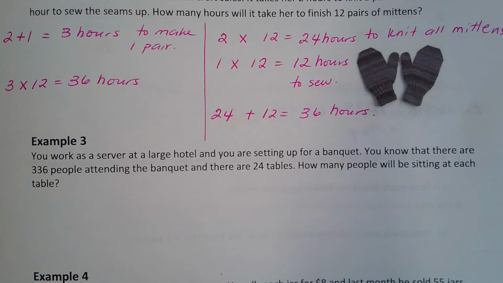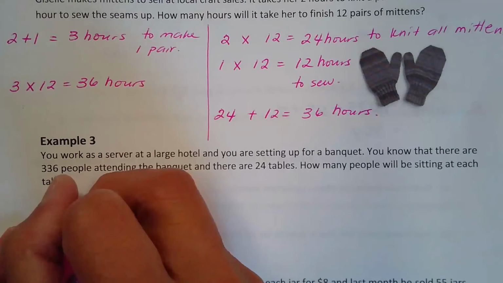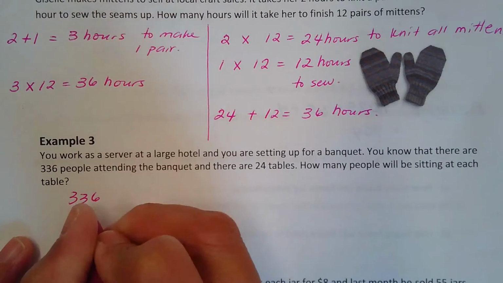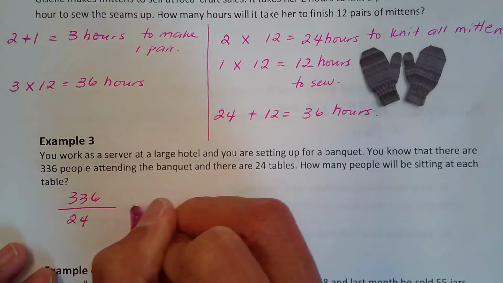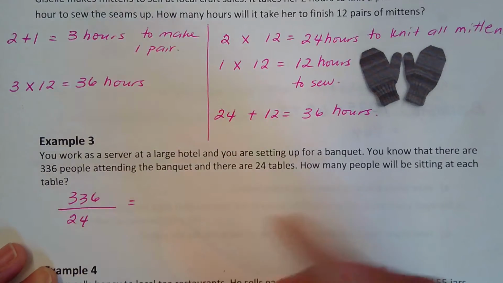What do you think our strategy is there? So 336 people. 336 divided by 24. Yeah, that's right. Thank you. So 336 divided by 24. And I'm writing it like this.